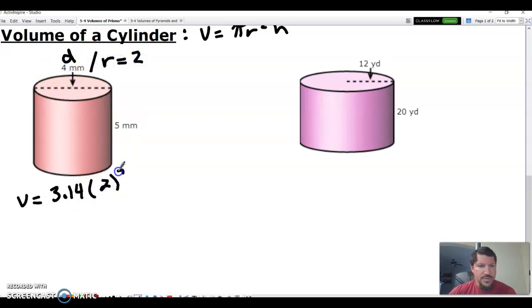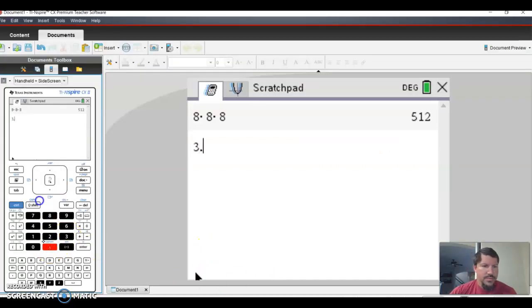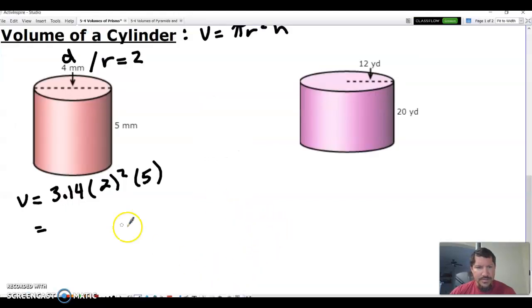So 2 squared times 5. So 3.14 times 2 squared times 5. 62.8 millimeters cubed.